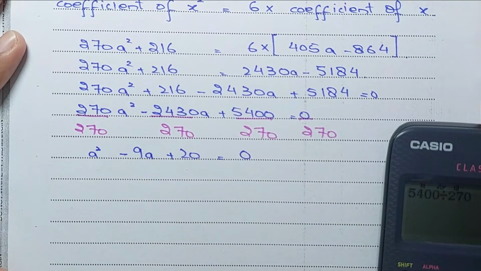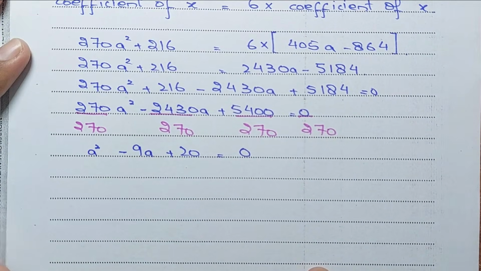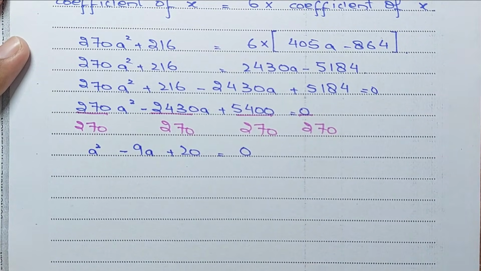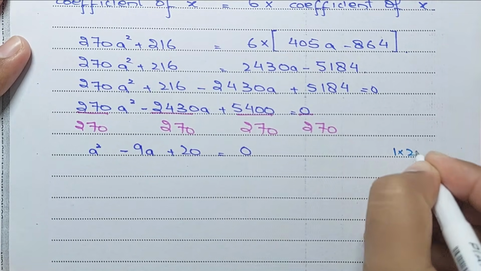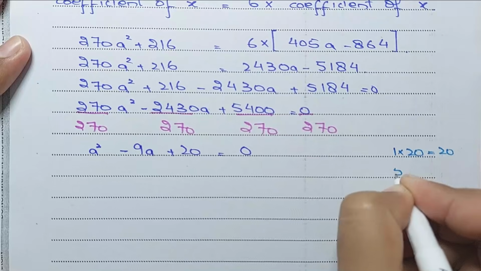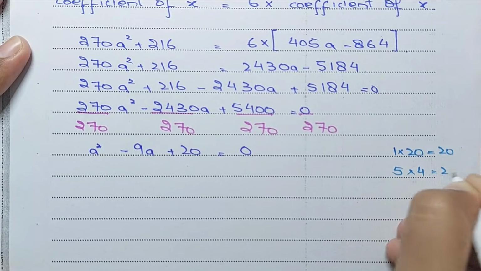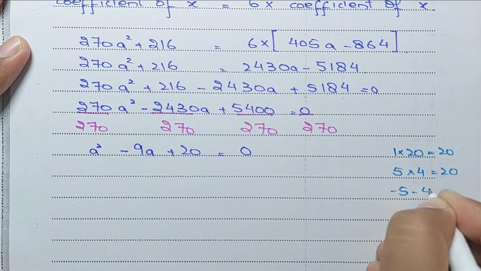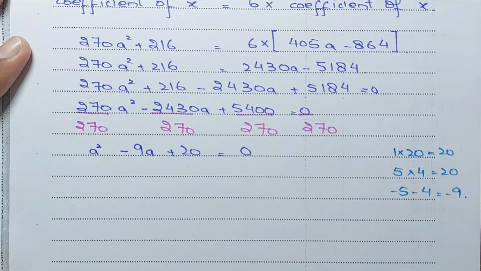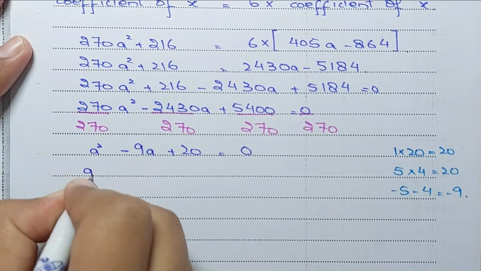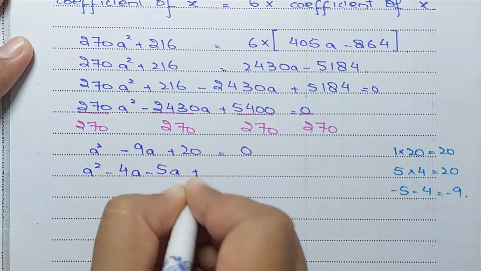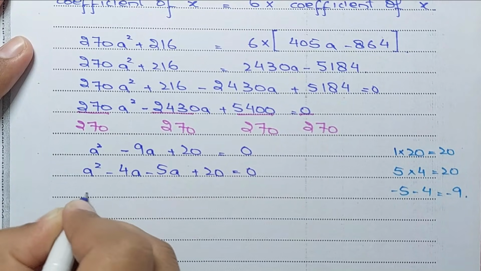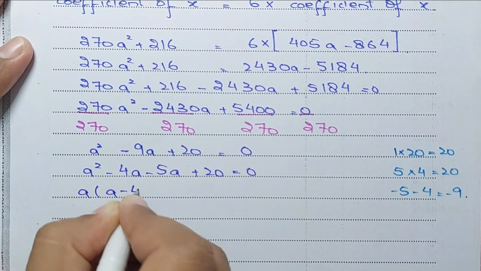Now this is a quadratic equation in a. Okay, now we can factorize this. Let me do a factorization. 1 times 20 is 20. 5 times 4 is 20. And minus 5 minus 4 gives you minus 9. Let's break the middle term. a square minus 4a minus 5a plus 20 equals 0. a is common, a minus 4 is left.